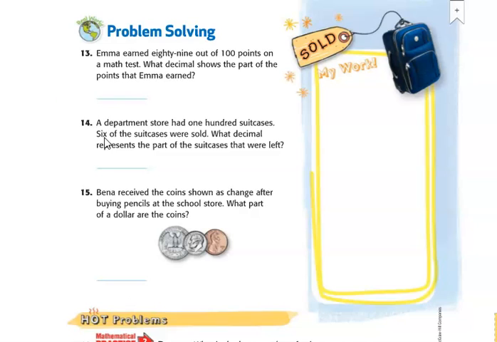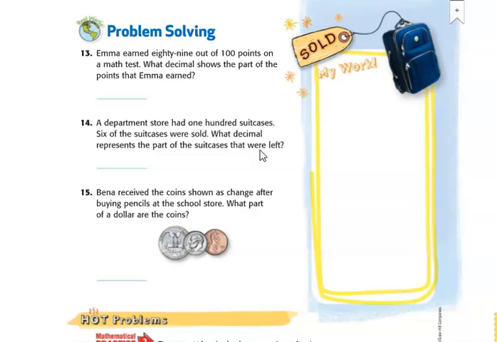13 says a department store had 100 suitcases. 6 of the suitcases were sold. What decimal represents the part of the suitcases that were left? Okay, so now we're looking at our grid and we've got 6 out of 100 that were sold.